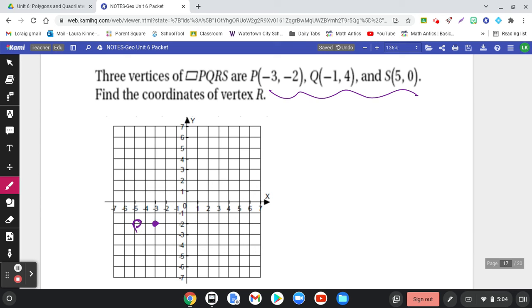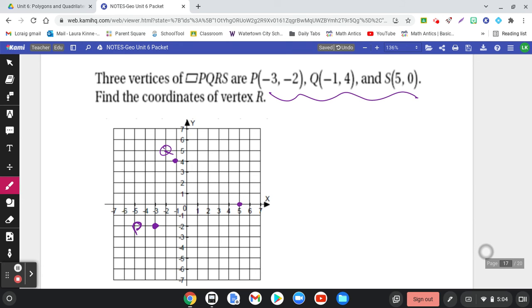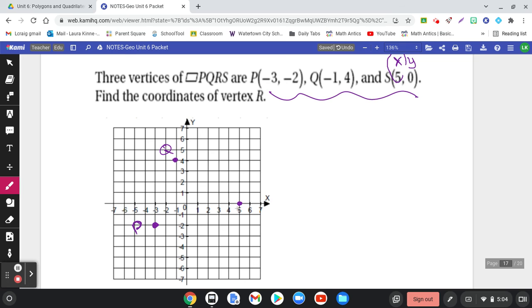Make sure you label, that's important. Negative 1, 4. Label. 5, 0. Now, if you're not sure which axis it goes on, look at this. Every point's an XY. 5's in the X spot, so it should be on the X axis.